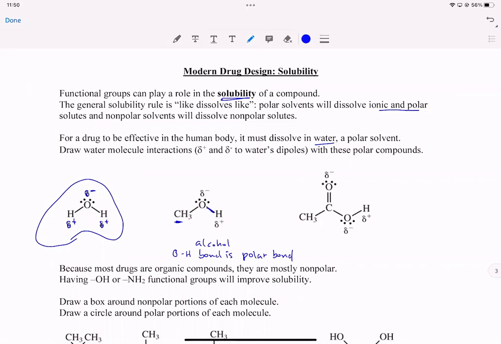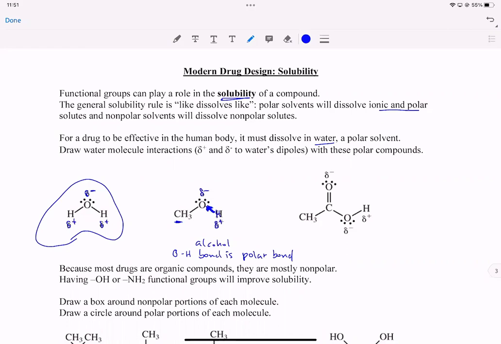Those values you subtract, and if it's between 0.5 and 1.9, we count it as a polar bond. And that means the electrons are more attracted to spend more time on the oxygen, and that leads to a partial negative, and less time on the hydrogen in the bond, and that leads to a partial positive.